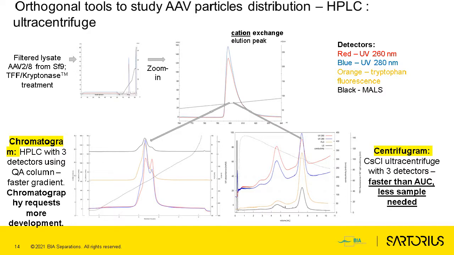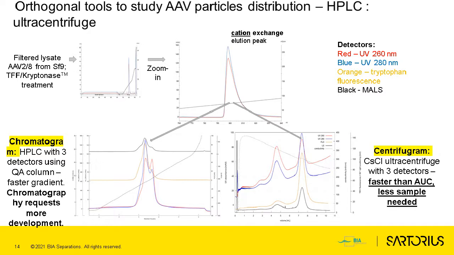So we read from right to left, again with the same detectors: blue UV 280, red UV 260, fluorescence orange, and multi-angle light scattering detector black. We see that there is some dense impurity, and then we get the full AAV, where red is higher than blue, and in the end, at the top of the centrifuge, or at the end of this centrifugram, we can see the empty capsid.